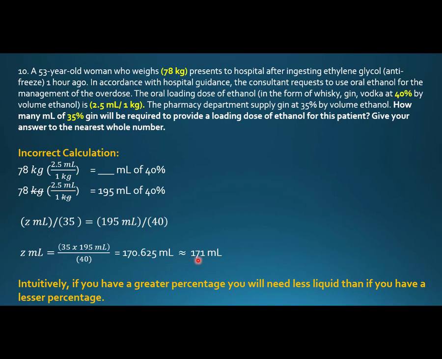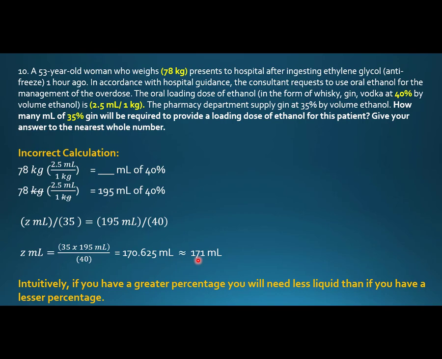A perfectly plausible answer until you think, wait a minute, there's no way that I can need less of a more diluted substance to equal this greater percentage. Sometimes, if you have that wherewithal during the exam, you want to think intuitively, does this make sense? When you're checking or going back through it, this is what I'd recommend.